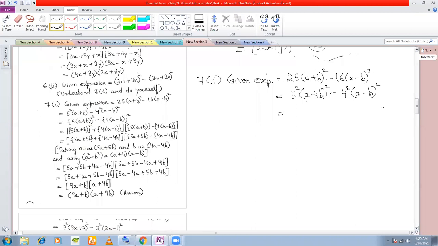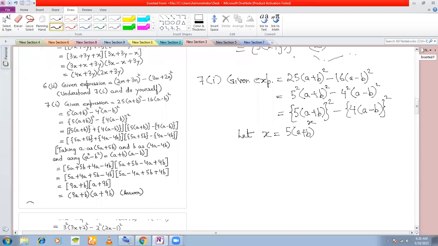That means now 5 square a plus b whole square can be written as the square of 5 into a plus b. And similarly, 4 square a minus b whole square can be written as the square of 4 times a minus b, right? So now here we let x is equal to 5 times a plus b.